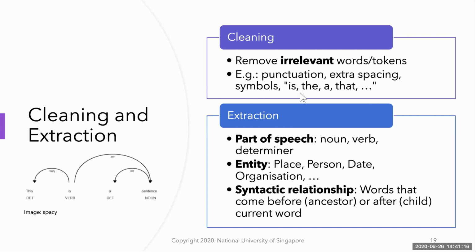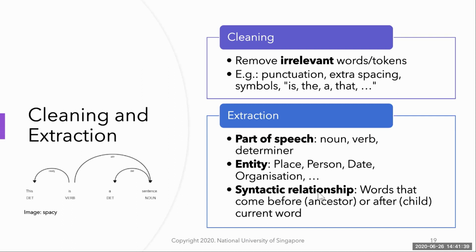This is the notion of stop words. Stop words is a term to mean words that don't really add to the meaning of the text. In other words, words like is, the, a, and that. If I were to read this sentence, let's find a sentence. This is a very long sentence.